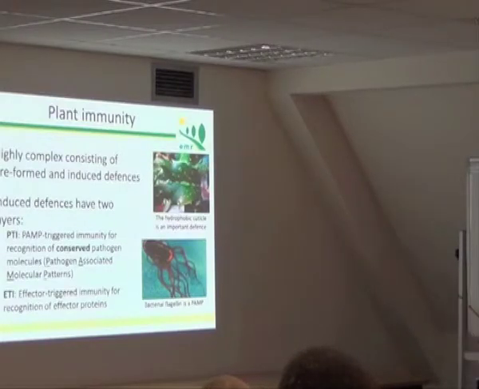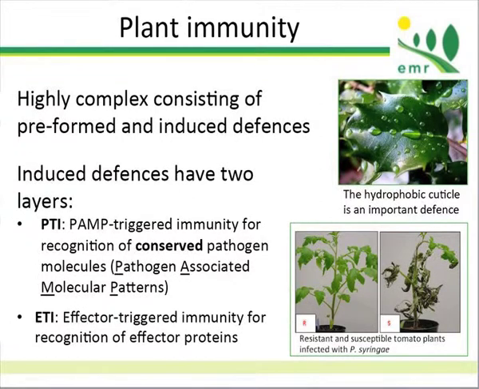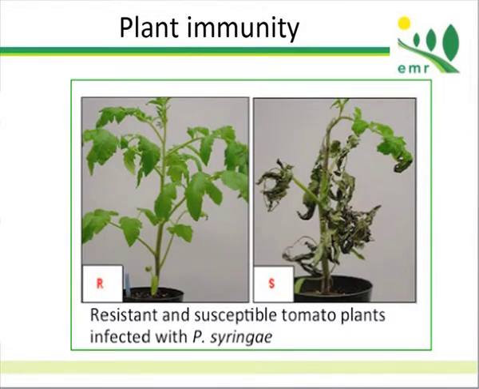And then we have effector-triggered immunity, which is important in the recognition of the effectors within the plant host cell. And this picture just shows two tomato plants infected with Pseudomonas syringae. We have a resistant plant which has a robust immune response and has been able to prevent disease, and a susceptible plant where the bacteria has successfully suppressed the host immune responses and caused disease.